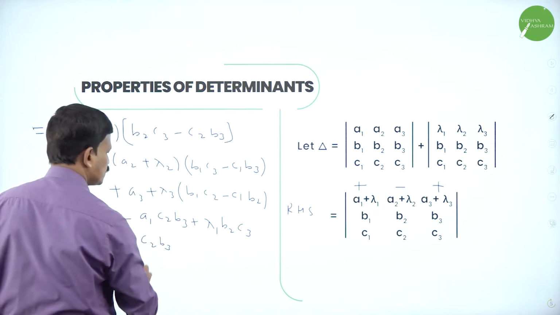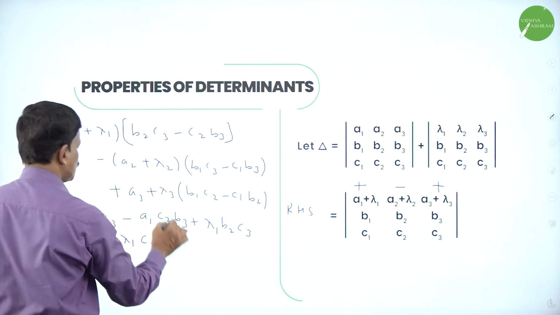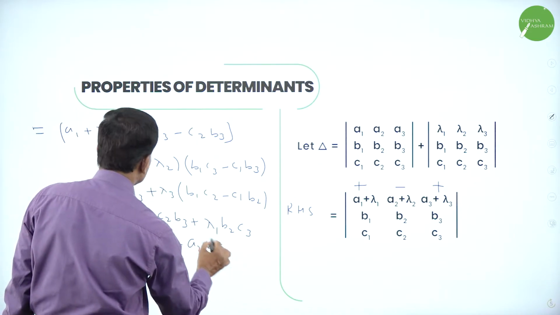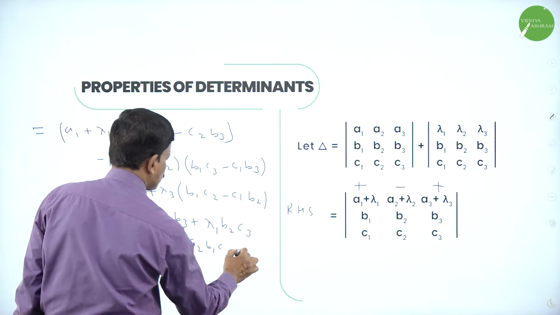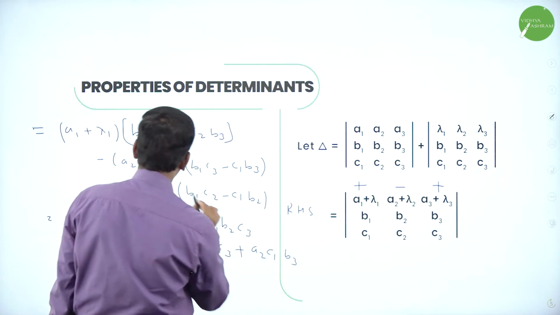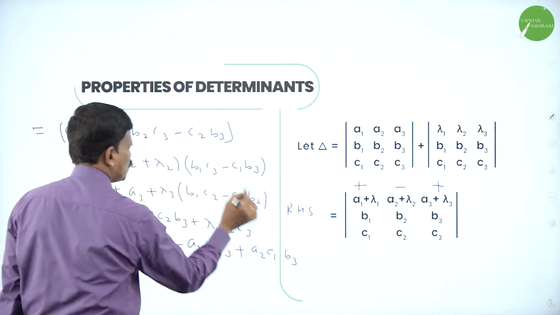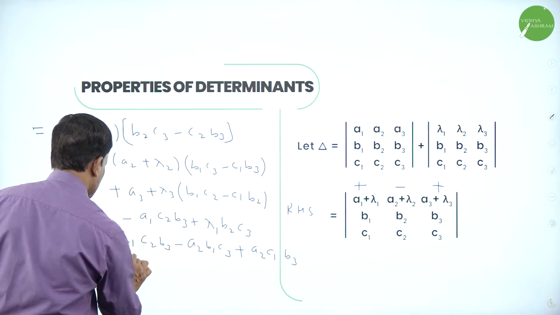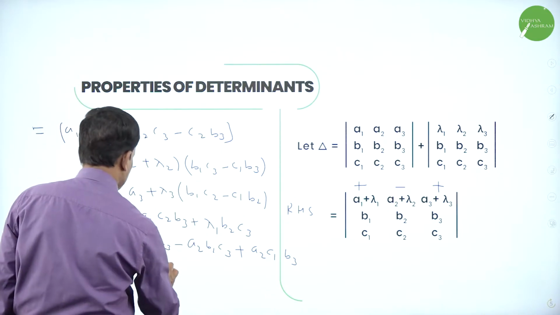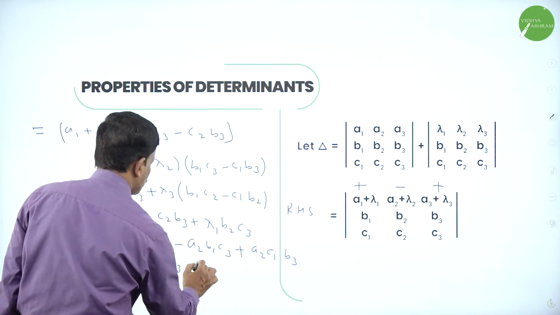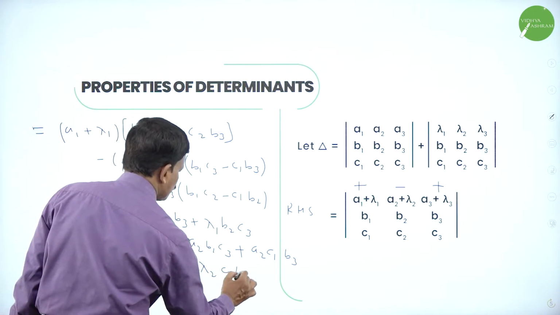Next, similarly with this element, minus A2 B1 C3 minus into minus plus A2 C1 B3. Next with lambda 2, minus into plus minus lambda 2 into B1 C3 minus lambda 2 into C1 B3.